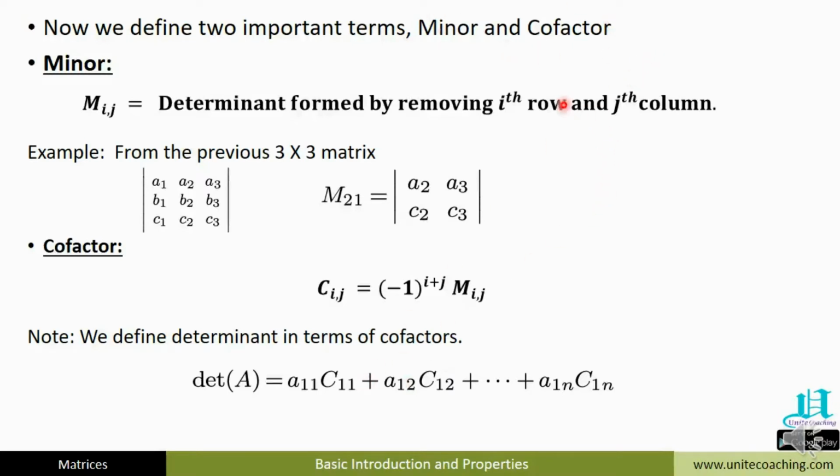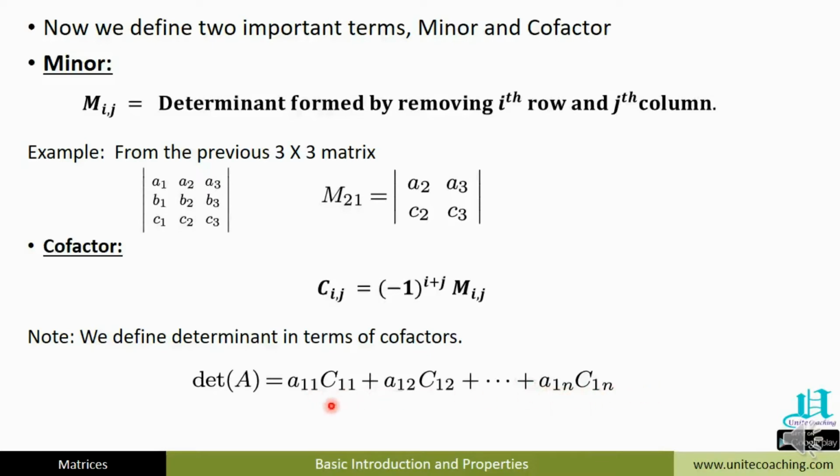Okay, so now where do we use this minor and cofactor? We use this minor and cofactor in calculating the determinant. So the determinant of a matrix is equal to a11 c11 plus a12 c12 plus so on till we get the last element, that is a1n c1n. So what does this represent?